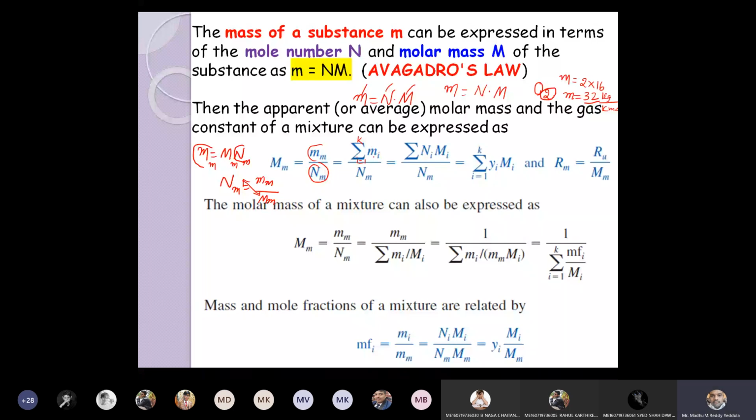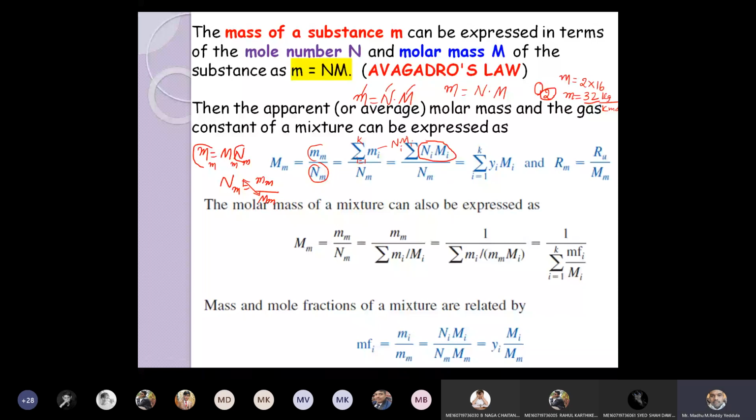Number of moles into molecular mass gives the mass. Mass is nothing but N into M for the i-th component, where N is the number of moles and capital M is the molecular mass or molar mass.